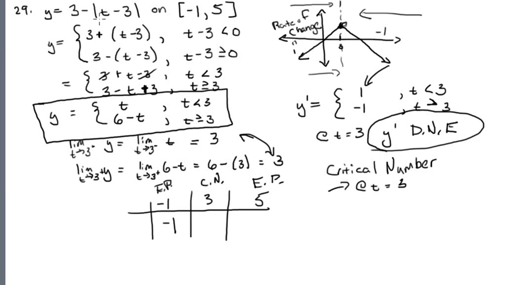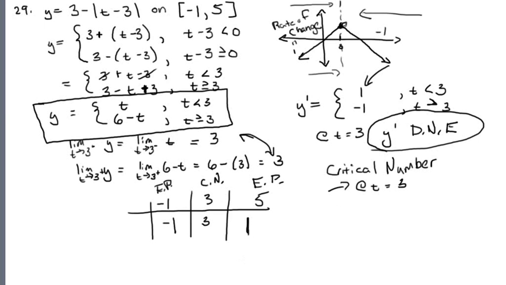So t minus 3 becomes 0. So 3 minus the absolute value of 0, which is 0, so that is just 3. And then at 5, we have 3 minus the absolute value of 5 minus 3, which is 2. The absolute value of 2 is 2, so 3 minus 2 is 1.